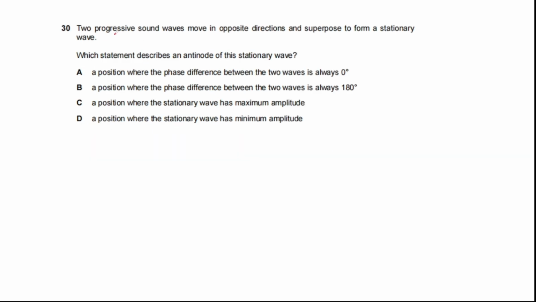Question number 30. Two progressive sound waves move in opposite directions and superpose to form a stationary wave. Which statement describes an antinode of the stationary wave? So an antinode is the position of maximum amplitude. The first options, A and B, represent positions where the phase difference between the two waves is always 0 degrees and always 180 degrees.